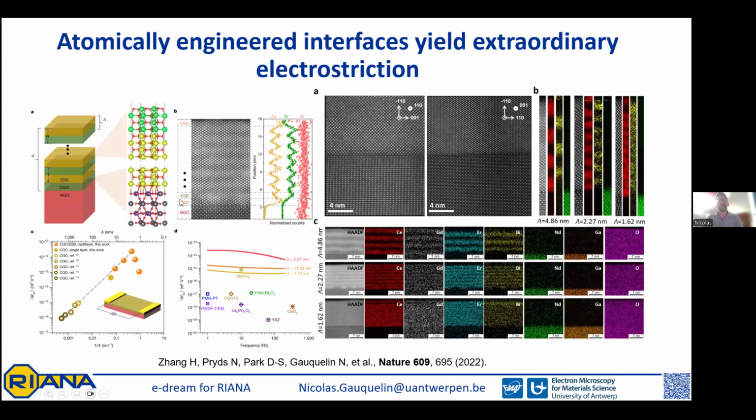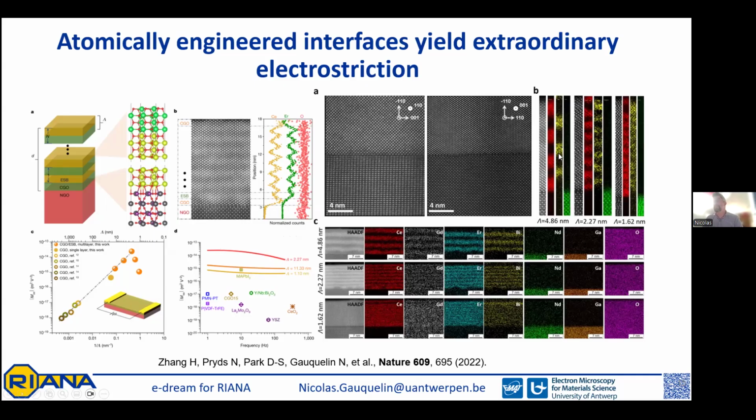And here it's erbium-stabilized bismuth oxide and CGO, so gadolinium-doped ceria, grown as a superlattice on top of neodymium gallate. And you see here, we see very nicely the layers, and from the HAADF intensity, you can get a guess of the thickness of each layer. So they are very thin, down to 3 monolayers.